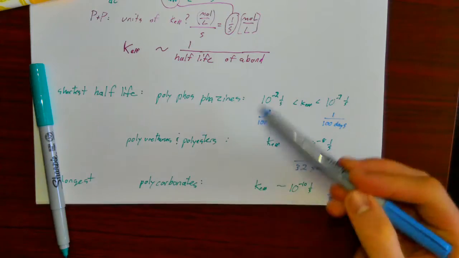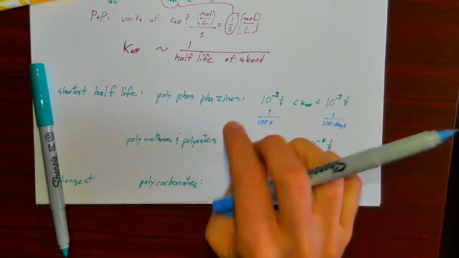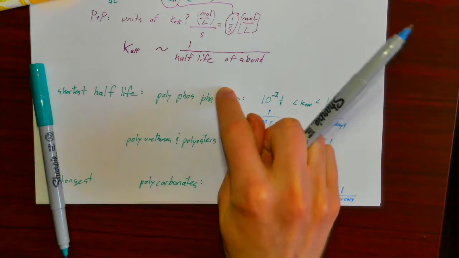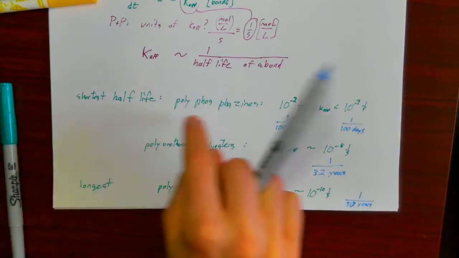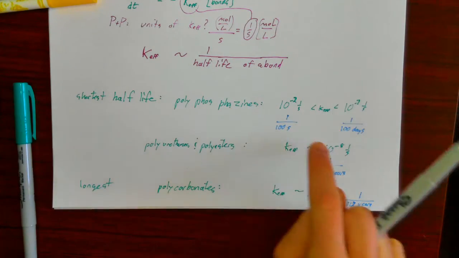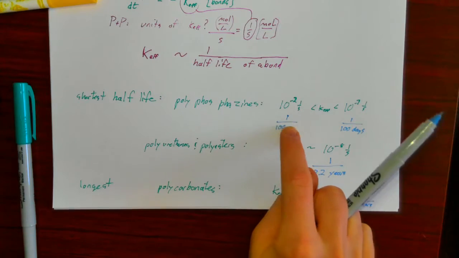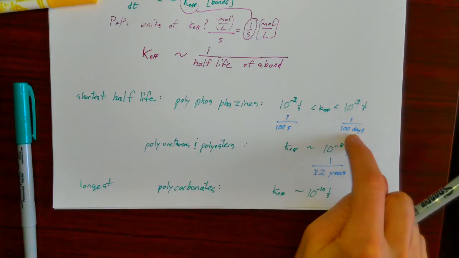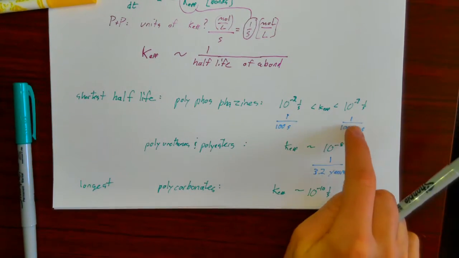If you want something to degrade very quickly, for example for drug delivery, you might want to use polyphosphazines, if you want the drug delivered in minutes or weeks or months.